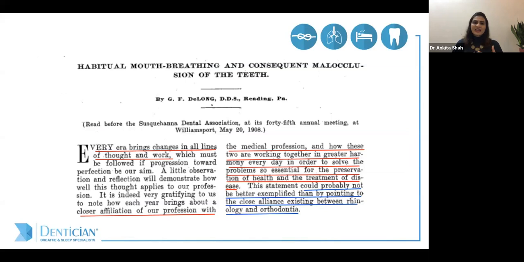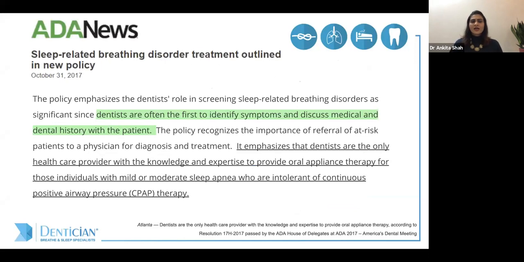So every era is bringing about a change in the lines of thought and work. And it's indeed very gratifying for us as pediatric dentists to know that we as a profession can get along with the medical profession and we can resolve this arising epidemic of pediatric sleep disordered breathing. So ADA in its policies has stated that we as dentists are often the first ones to identify the symptoms.